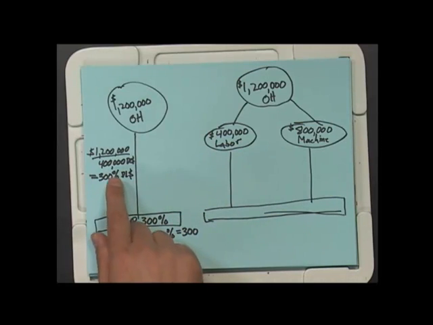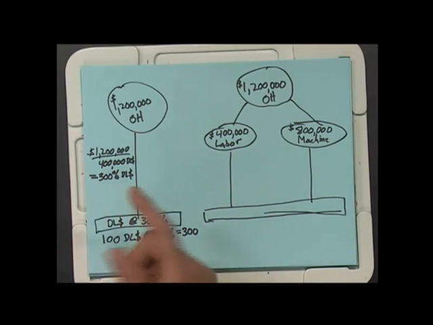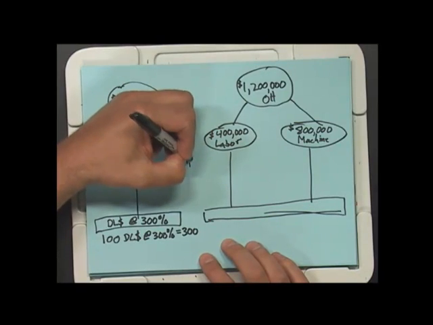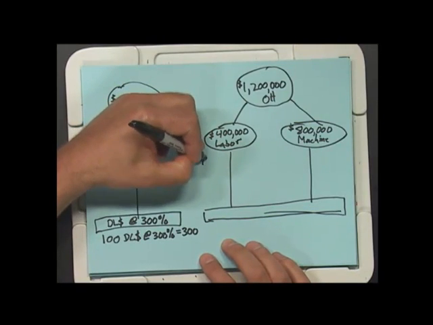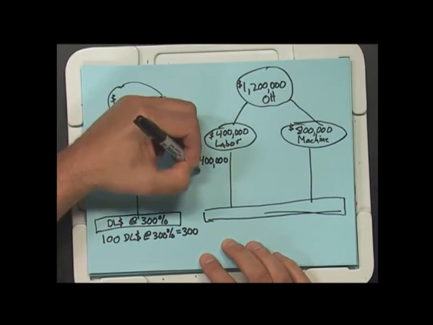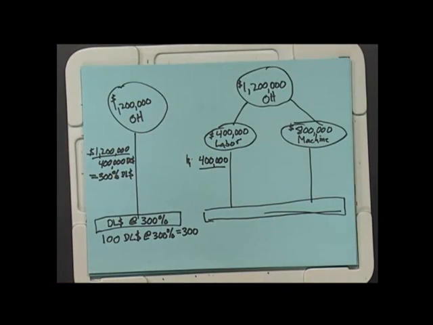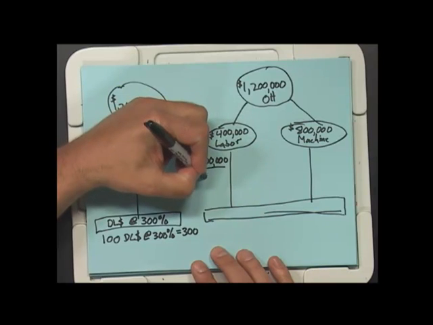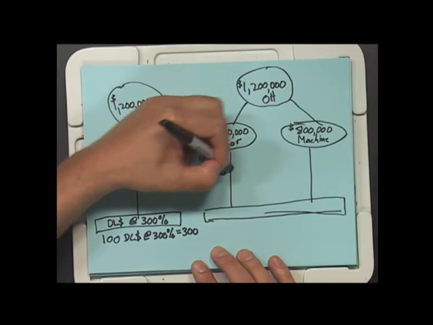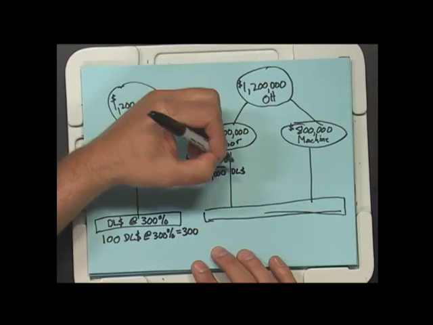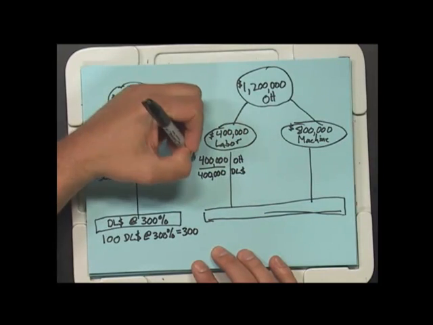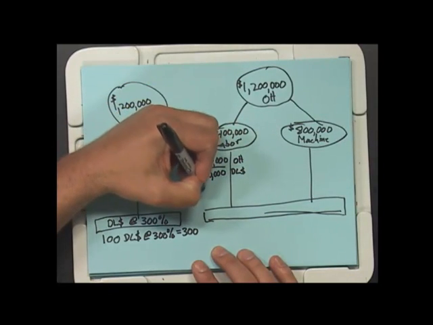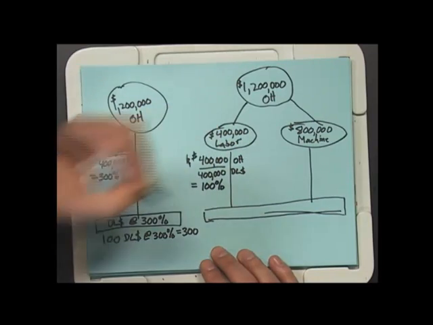We haven't changed our activity base. We still have this $400,000 of overhead, the new overhead pool size, which is smaller, divided by the same 400,000 direct labor dollars. And that gives us a new rate that's only 100%.